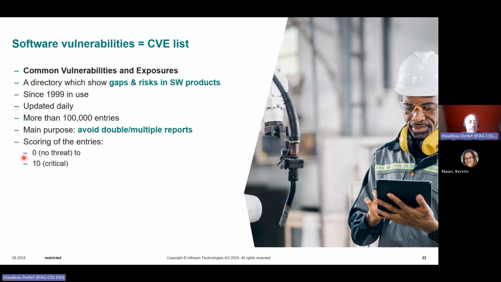The main purpose of this CVE list is to avoid double or multiple reports on software problems, you can say. And the entries in this list have 10 different scorings, from 0, no threat, to 10, critical problem. That means you need this handling for vulnerability as soon as possible.